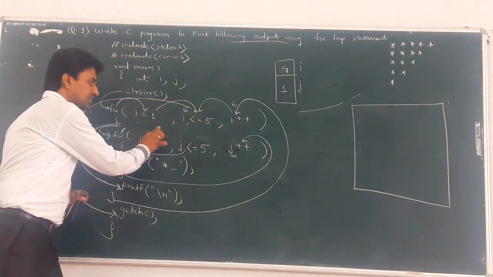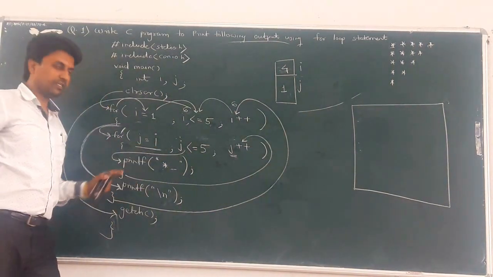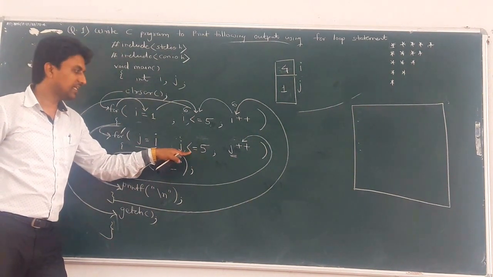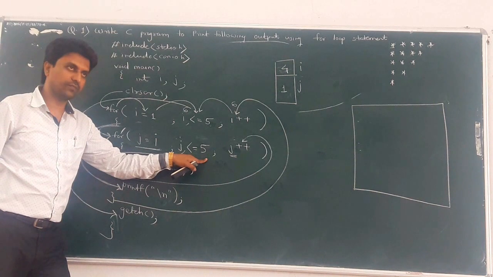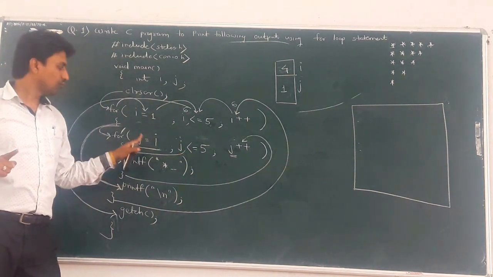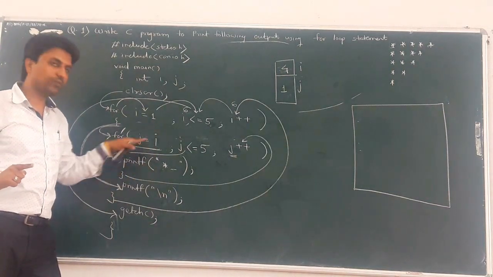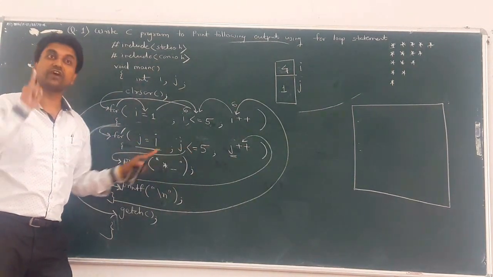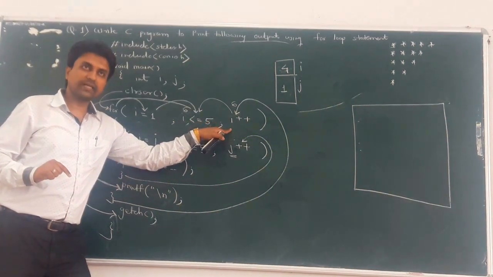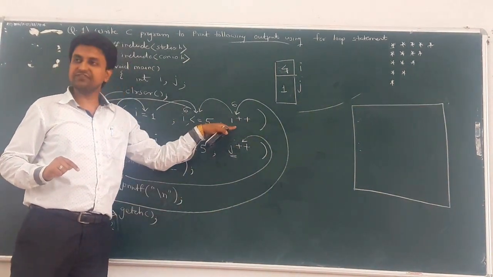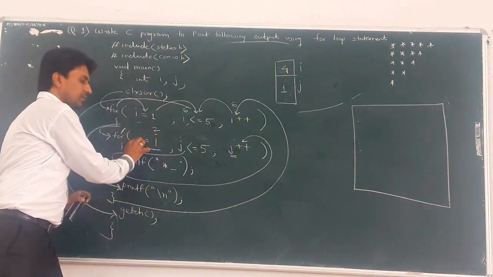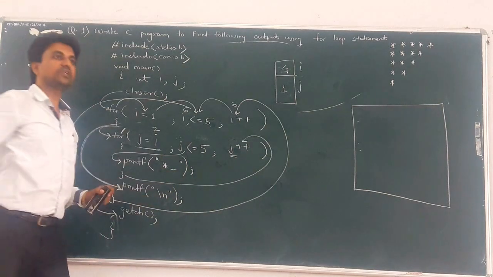So what is the change here? The initialization statement becomes j equal to i, and the conditional part is j less than or equal to 5. For the first row, the value of i is 1, so the inner for loop executes 1 to 5, meaning the statement is executed 5 times. When the outer loop's i becomes 2, j is initialized to 2, meaning 2 to 5, which is 4 times.